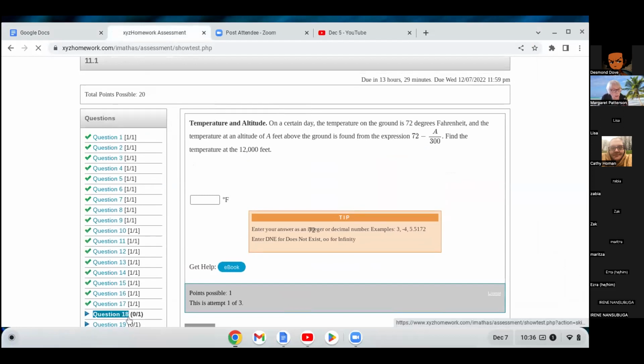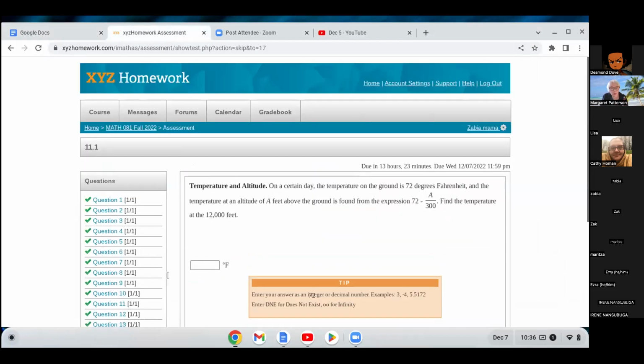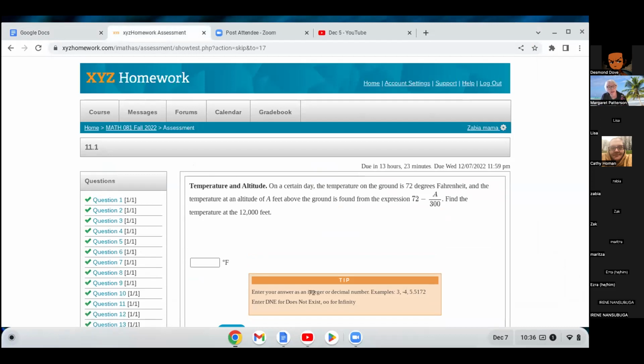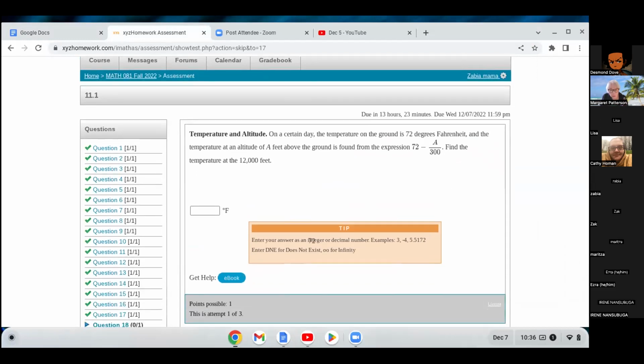So pull up the problem that gave you trouble. Oh, yeah. The main part of this particular thing is the formula. And the formula for this is on the second line.